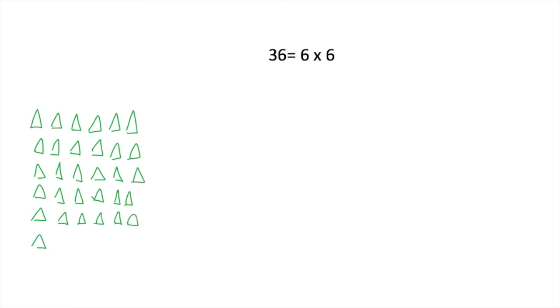And for the last one, 1, 2, 3, 4, 5, 6. Okay, just double checking, we have 6 rows of 6. So we drew 36.